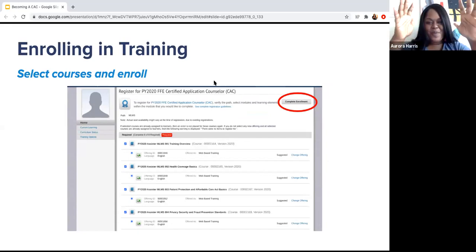And this page will have all the trainings that you need to complete here. So as you can see, it's the training overview, the coverage basics, the Affordable Care Act, privacy, security, and fraud prevention, all the different types of things you'll need to help walk people through the marketplace application.